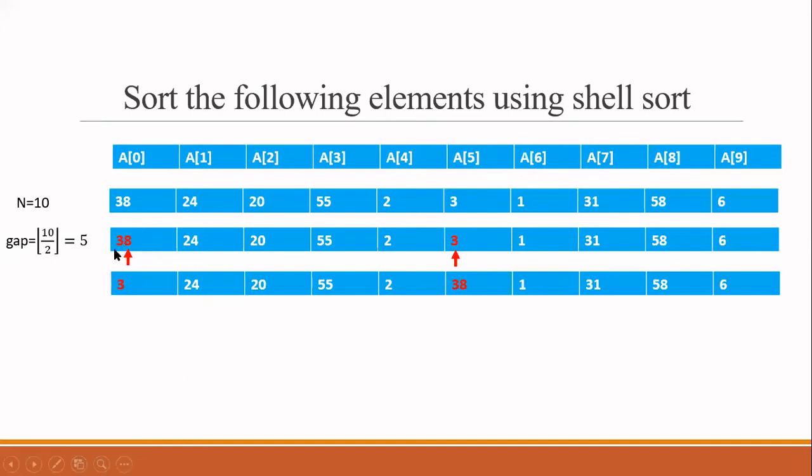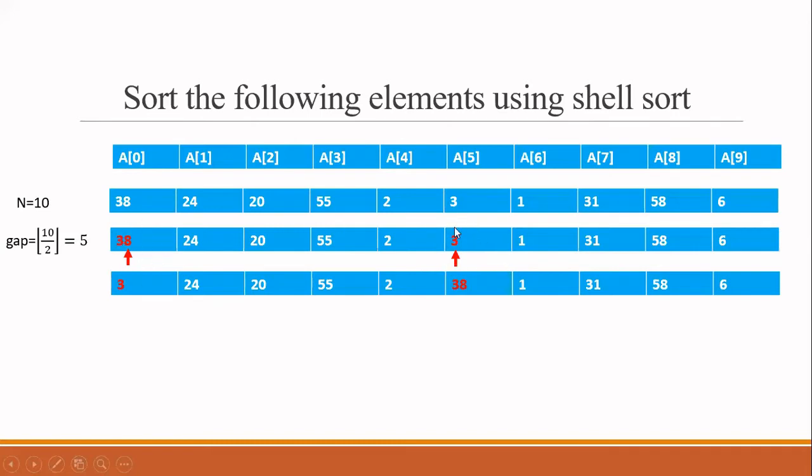Try to understand, this is very, very important. Initially, you will divide n by 2 and take the floor value. Now you will get the gap. You will always keep track of two indices, two elements. This is the second element and this is the first element.